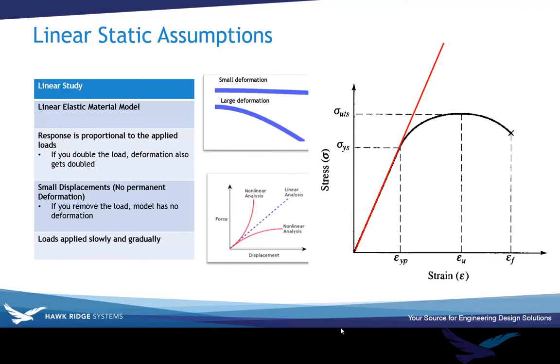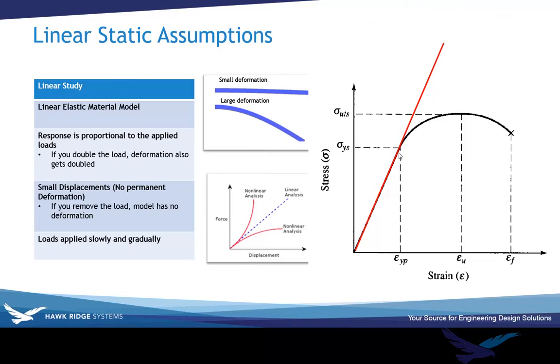As we deform the part or the assembly, the more strain we have, the more stress we have, and SOLIDWORKS Simulation for linear static is only really good for the linear portion before it hits the yield strength, right? So it can only account for small deformations.